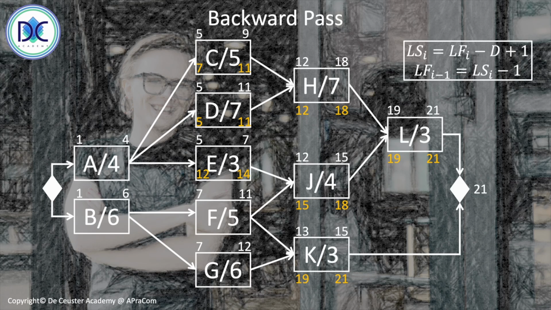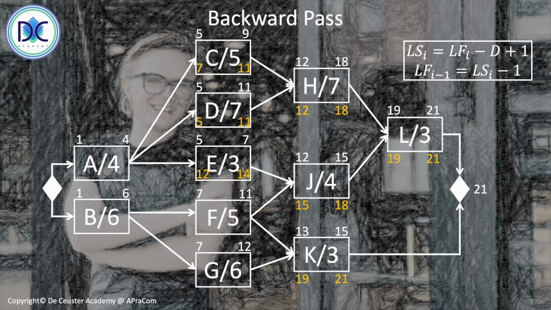Now we have to look at F and G, and there are two successors of F, for example J and K. In this case, we must take the lowest number, because if F would finish later than 15, then we will have an issue with the completion time of the project.